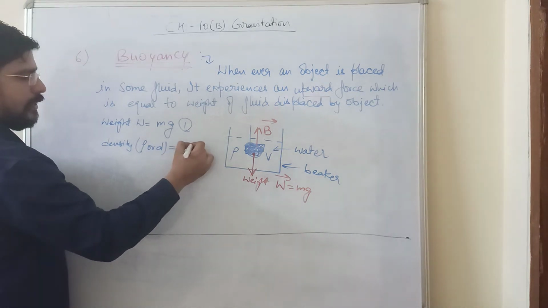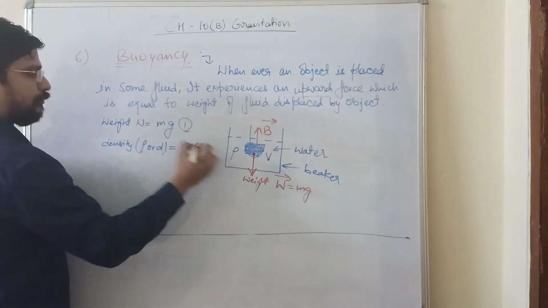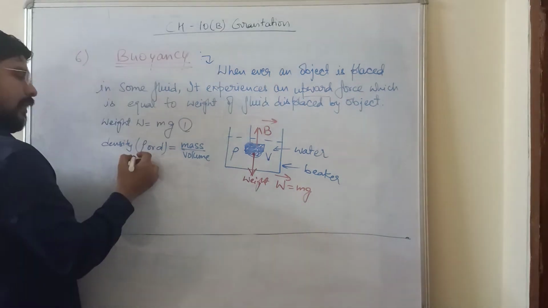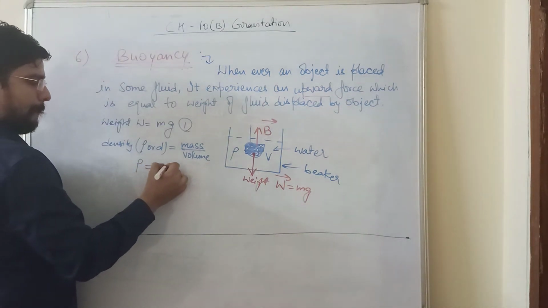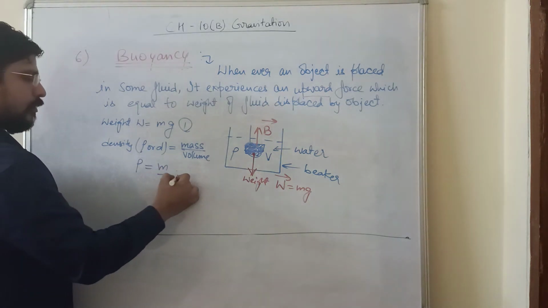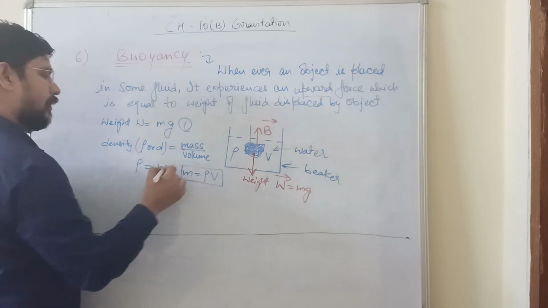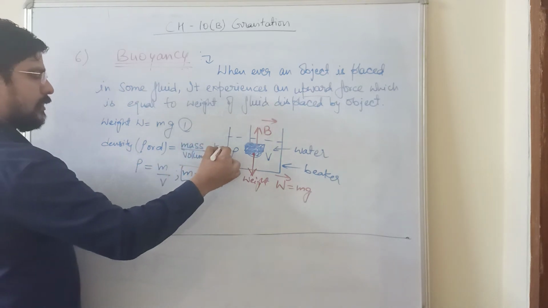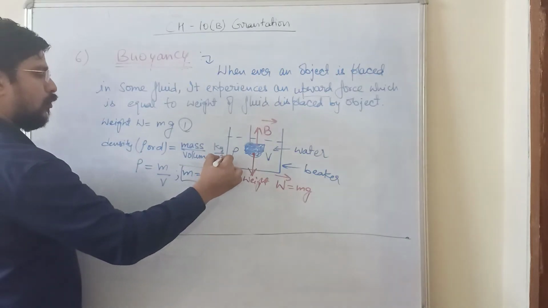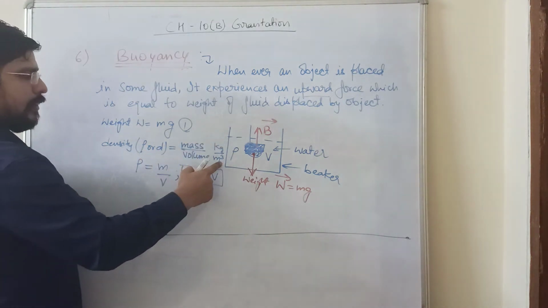It is defined as mass per unit volume. So if I multiply density with volume, I will get mass. The unit of density is kilogram per meter cube, because the unit of mass is kg and the unit of volume is meter cube.